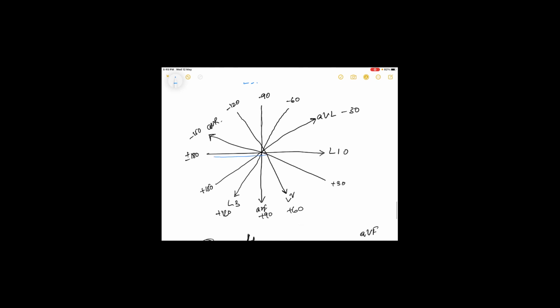It starts with 0 here, and all these values will be plus 1, plus 2, plus 3 and so on, and here it will be minus 1, minus 2, minus 3 and so on. When you come to AVF, same, this is the AVF line. Here is the 0, plus 1, plus 2, plus 3 and so on, and here minus 1, minus 2, minus 3 and so on.